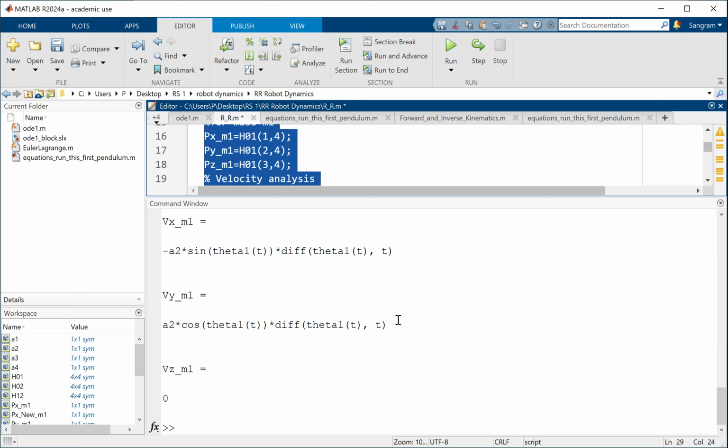Everyone understood this? Next thing, you have A2 cosine theta 1 t, and then you have this theta 1 t comma t. This is theta 1 dot. Now, some of you smart folks can try to figure out how can we replace this theta 1 parenthesis t comma t by another variable which is theta 1 t.